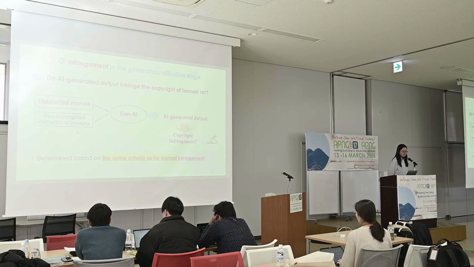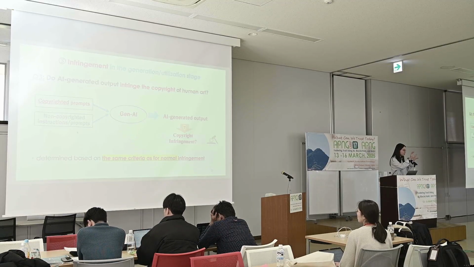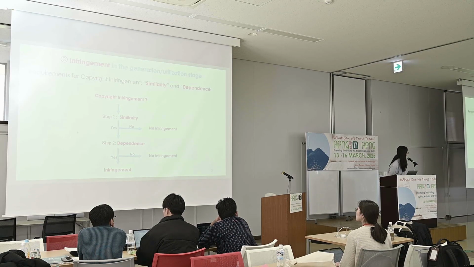Actually, this one is determined based on the same criteria as for normal infringement. What does that mean? Think about it: there's one person who published something, and if this publication also infringes on another person's work, we consider it with some current criteria. This one is also the same. So whether the AI output infringes a human or not is based on the same criteria as for normal infringement. So what are the requirements for copyright infringement?